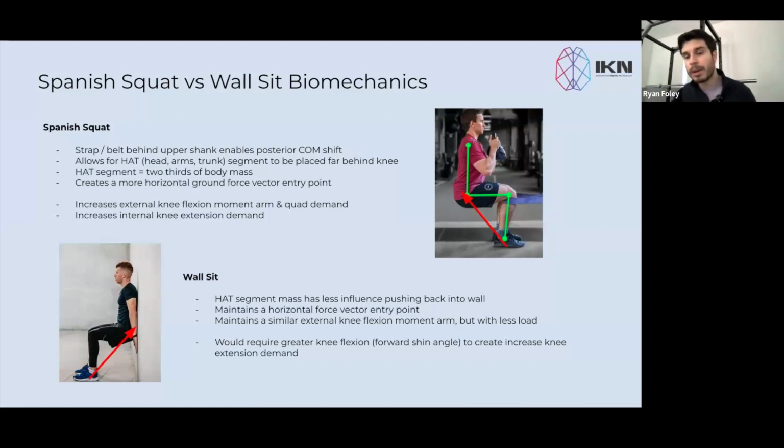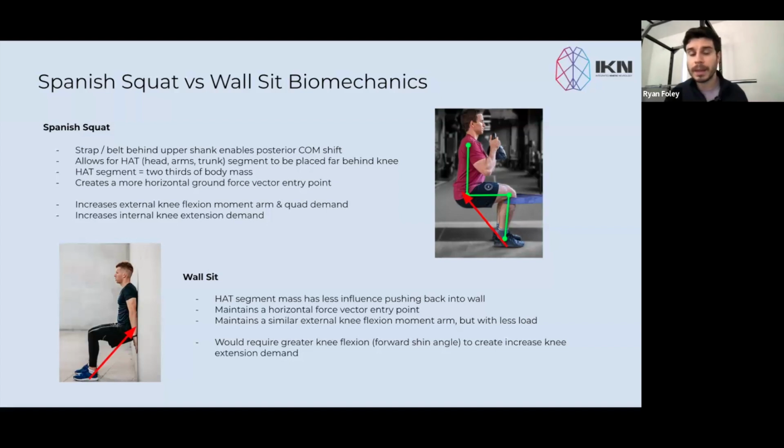So it's really all about understanding how you're manipulating moment arms, how you're manipulating the kinematics, the direction of force, how you're driving force into the ground, and the resultant external ground reaction force that enters the system differently as a result of the force you're applying into the ground, because that's going to change the size of the moment arm on certain muscular tissues and joints.